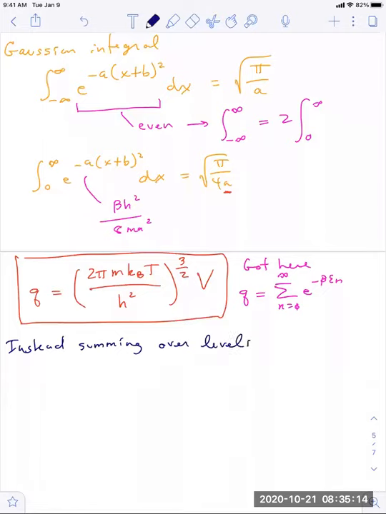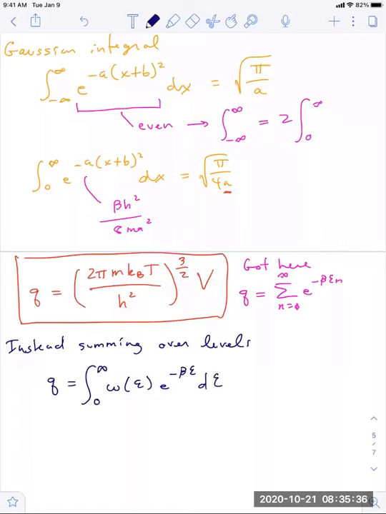And this brings in the density of states, or the degeneracy. So we can write Q, again assuming densely packed energy levels, as the integral from 0 to infinity of the degeneracy times the exponential of minus beta of the energy, and then we're integrating over these energy levels.